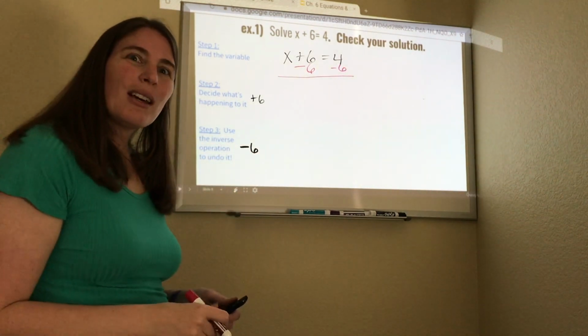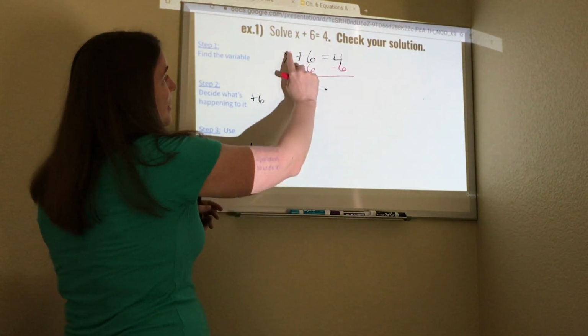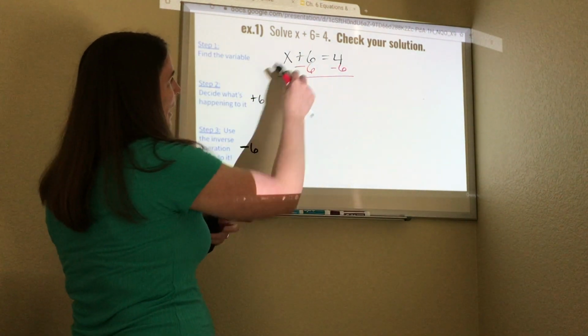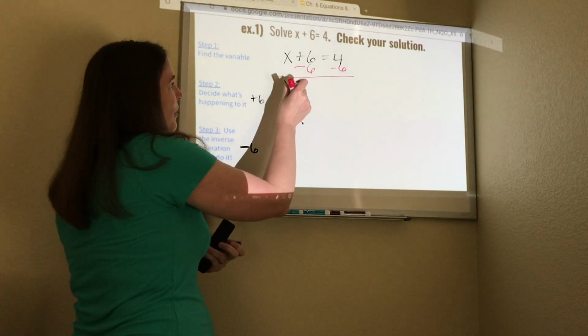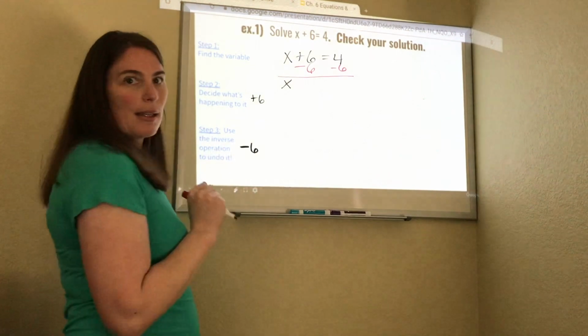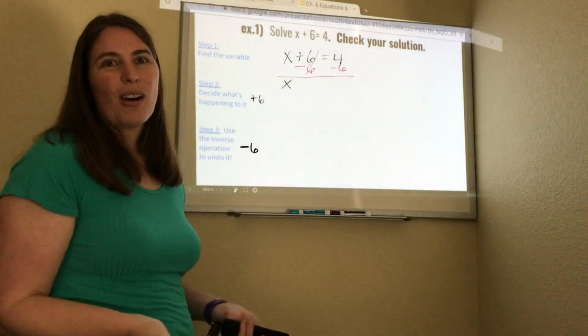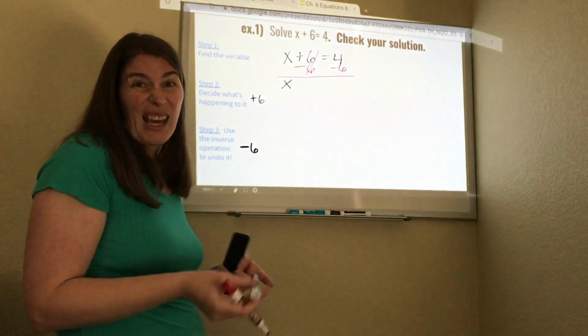Now I just think of vertical adding and subtracting. This is 0, so I'm left with x, and x plus 0 is just x. What is 6 minus 6? That's 0. I'm not going to write anything because it's gone, because x plus 0 is just x.